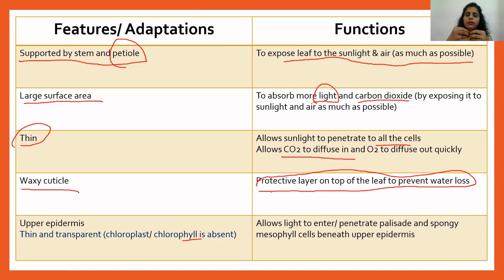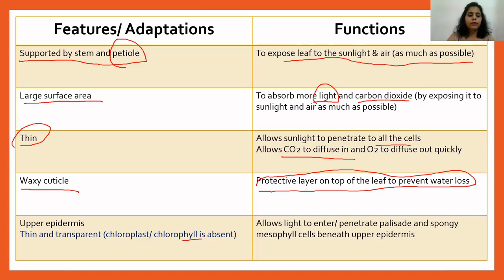The water present in the epidermal cells and other cells in the leaf should not evaporate from the top part of the leaf, because the upper epidermis is the part exposed to sunlight. So in order to prevent evaporation of water due to the increase in temperature, this waxy cuticle is present on top of the upper epidermis.